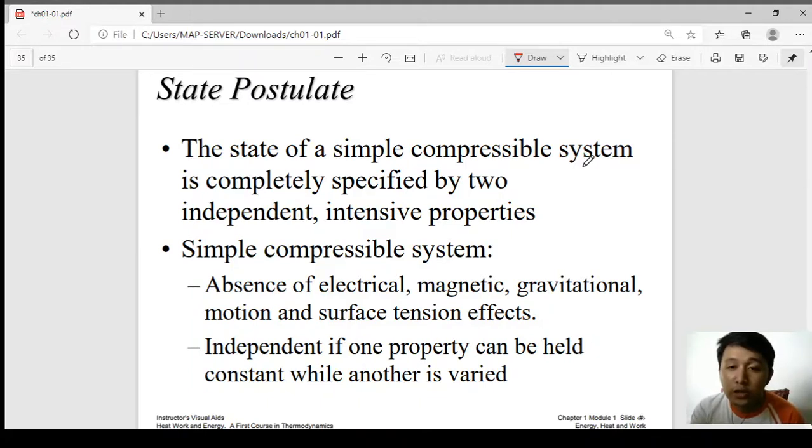We only focus on the properties of the gas inside or the phase of whatever system is here. So, the properties of a simple compressible system are independent if one property can be held constant while another is varied. Let's say, earlier we have the temperature and the specific volume. We can say they are independent because they do not depend on each other. Temperature is temperature, it does not depend on specific volume or pressure, the same as specific volume.